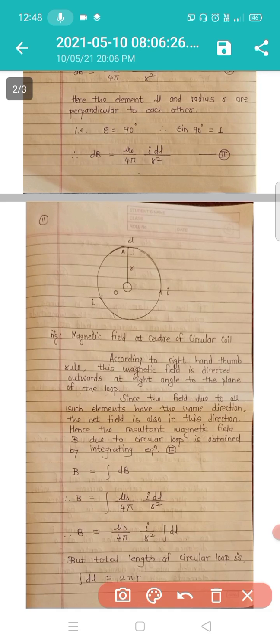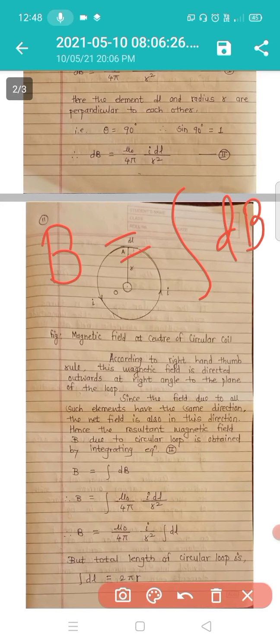According to the right hand thumb rule, this magnetic field is directed outwards, at right angle to the plane of the loop. Since the field due to all such elements has the same direction, the net field is also in this direction. Hence, the resultant magnetic field B due to the circular loop is obtained by integrating dB.